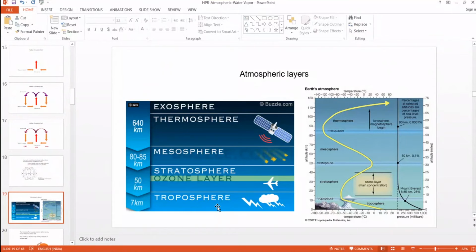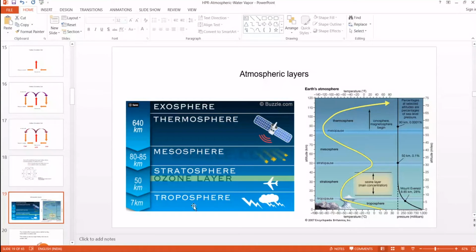Okay, troposphere, that is near to the earth. The troposphere's thickness varies from equator to the poles. At the equator, it is around 15 to 17 kilometers, whereas at poles it is like 7 kilometers.